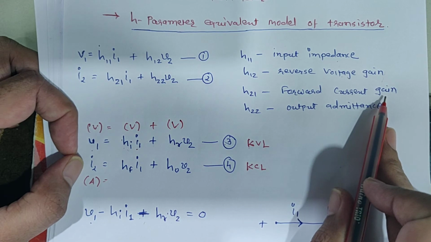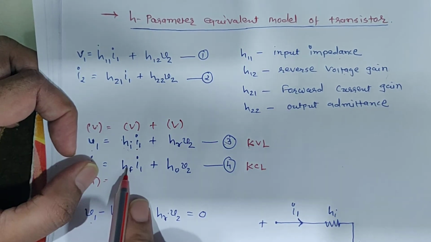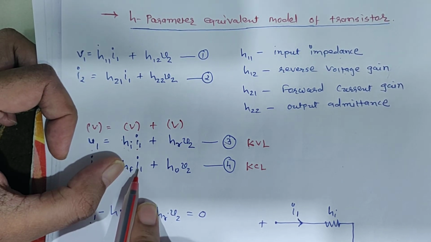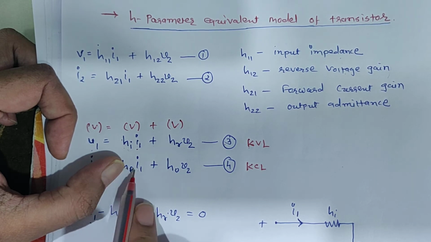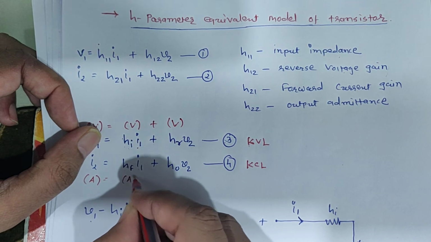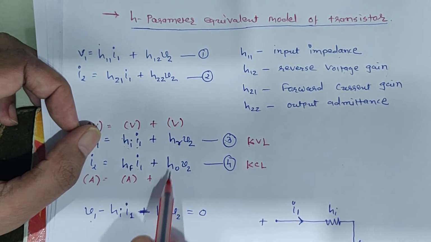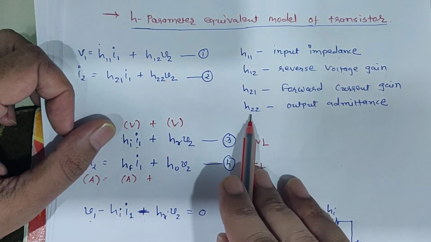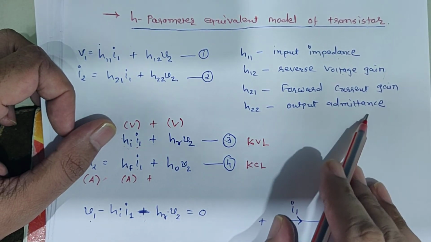The equation of H21 was I2 by I1. So it is I2 by I1, a unitless quantity, and if we multiply with I1, that means its unit is ampere. So the unit of the whole quantity will become ampere, plus HO into V2. So what is HO? That is H22, that is output admittance.